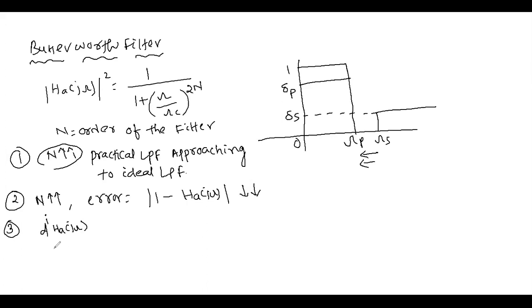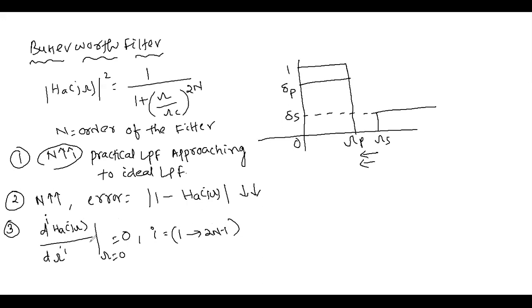Also we proved that for Butterworth filter, d^i of h of j omega by d omega^i at omega equals 0 is equal to 0 for i equals 1 to 2n minus 1. Yes or not?